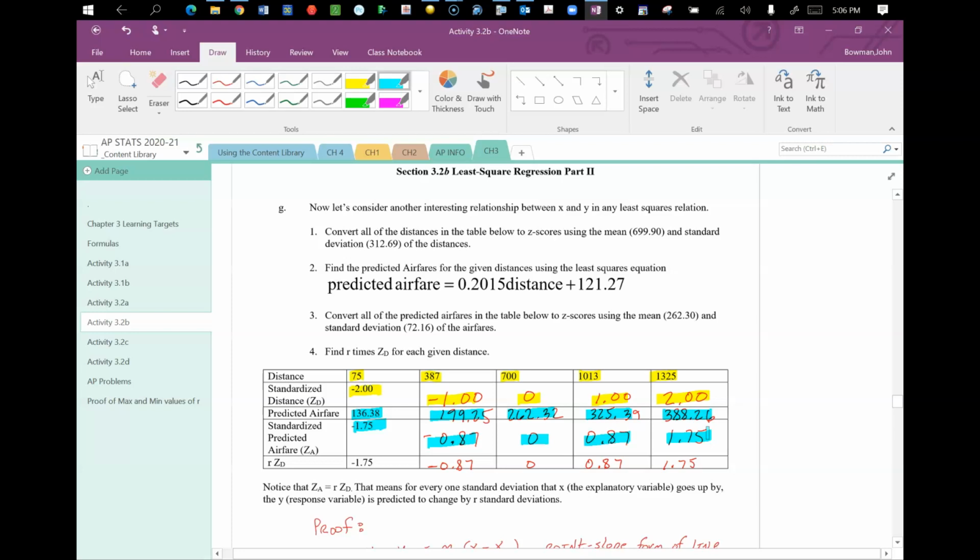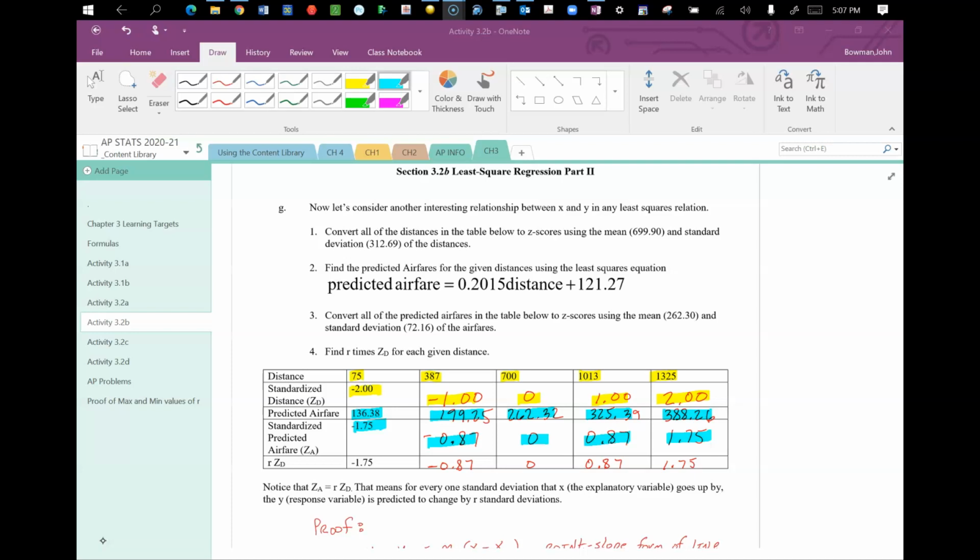If you take a close look at that, what you will see is that as the distance goes up by 1 standard deviation, the predicted airfare goes up by r times 1 standard deviation. Another way of looking at that is, as the explanatory variable increases by 1 standard deviation, the response variable is predicted to change by r standard deviations.